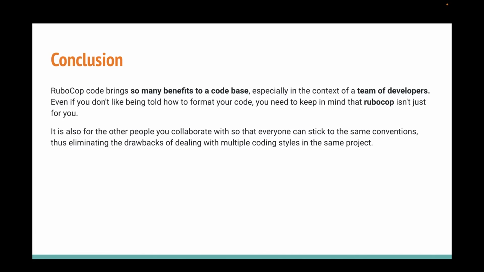Everyone can follow similar coding conventions, because each developer might have a different coding style, and might not be following proper Ruby style code. So especially for new developers, they might not know the correct way of writing the code. They might make many mistakes. So if you already have Rubocop in your project, then it will be very beneficial for them to learn, as well as to maintain the same coding convention throughout the project.